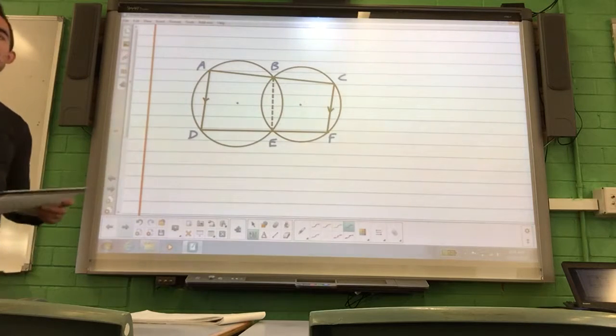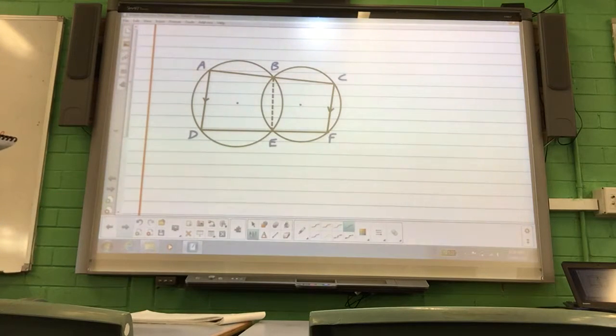In the figure, AD is parallel to CF and ABC is a straight line. You will notice in the diagram that the circle on the left looks slightly bigger than the circle on the right. It looks that way, so I'm going to redraw it that way. I don't actually know, and it's not part of our proof anyway.